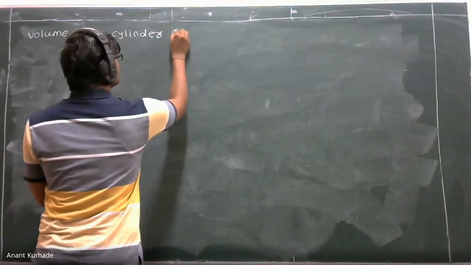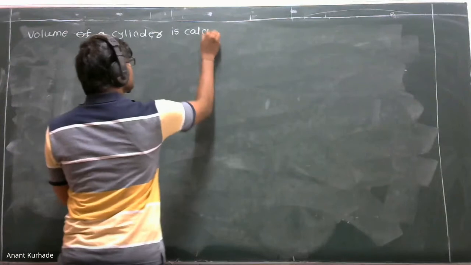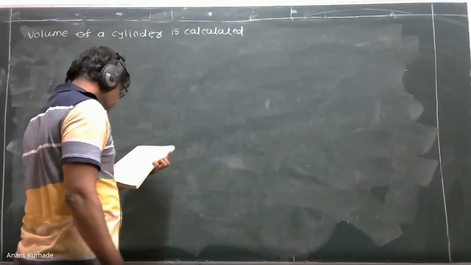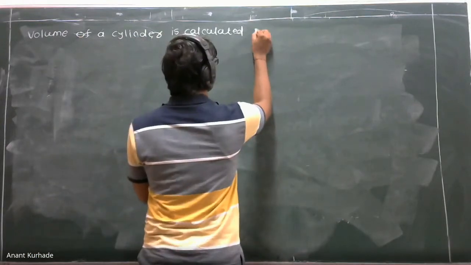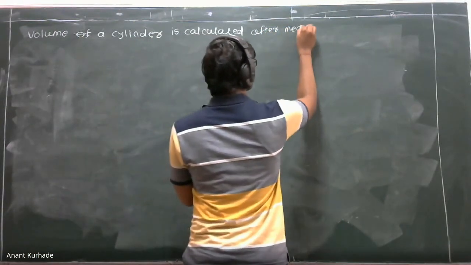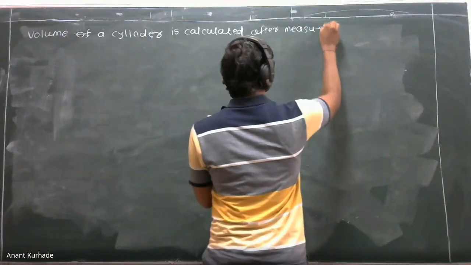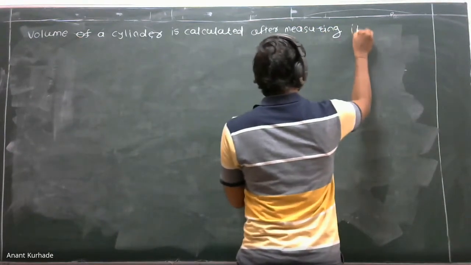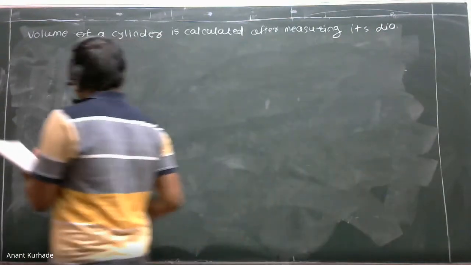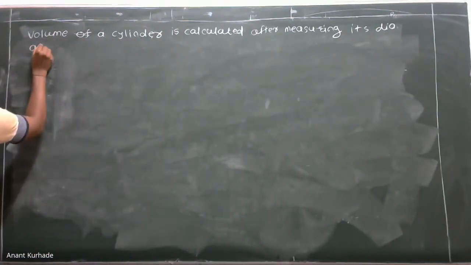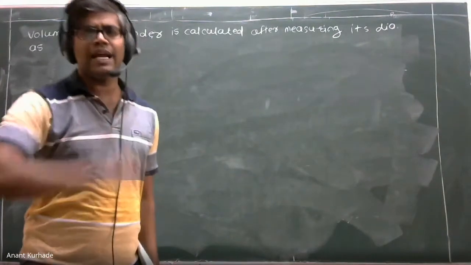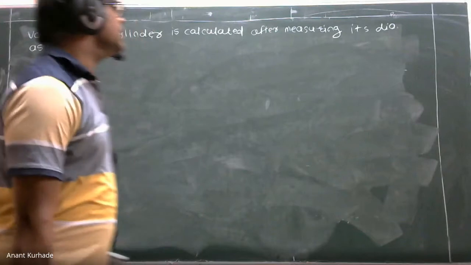The volume of a cylinder is calculated after measuring its diameter. Now see, the cylinder has only one diameter, on base and top.